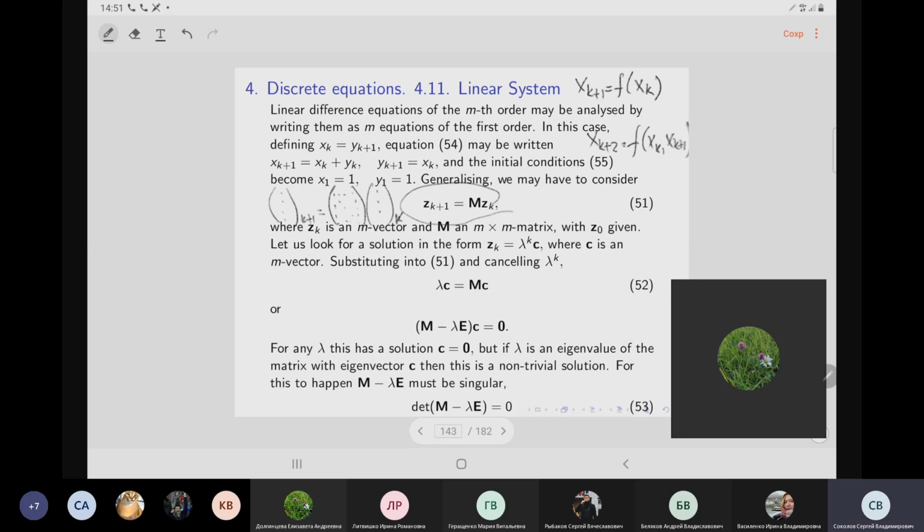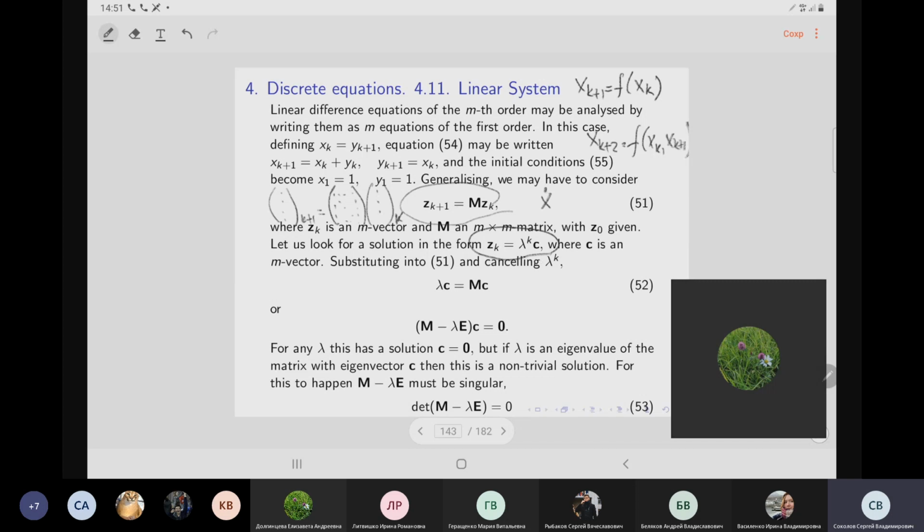The idea of the solution is very similar to our systems of ordinary differential equations. We are trying to solve the equation in the form lambda to the kth power multiplied by vector c.